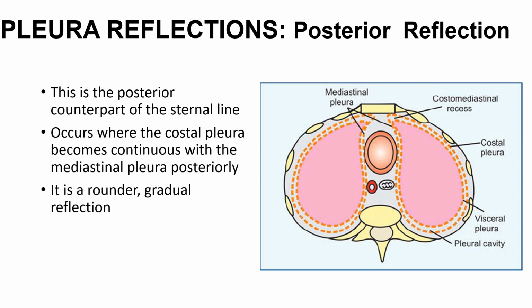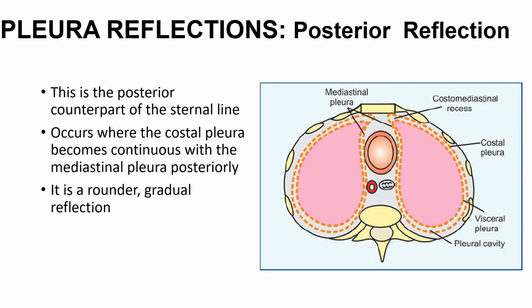The posterior reflection is the posterior counterpart of the anterior line or sternal line, and it occurs when the costal pleura turns over the vertebra medially to form mediastinal pleura from the posterior aspect.